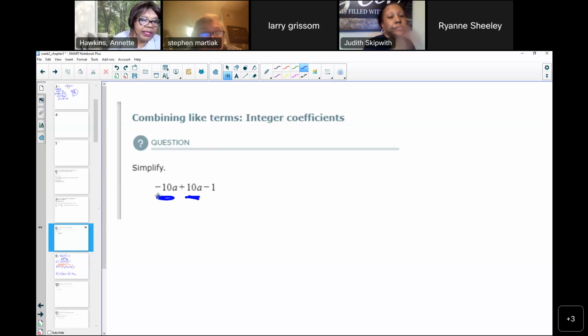Okay. Now, in order to combine these, we add the number in front of them, which we call the numerical coefficient. So negative 10a and 10a are like terms. The number in front is called a numerical coefficient.